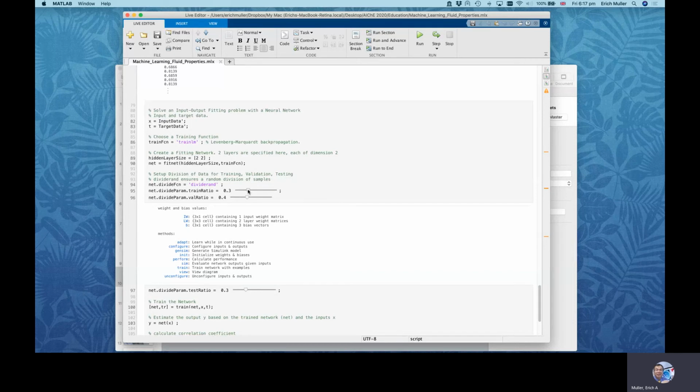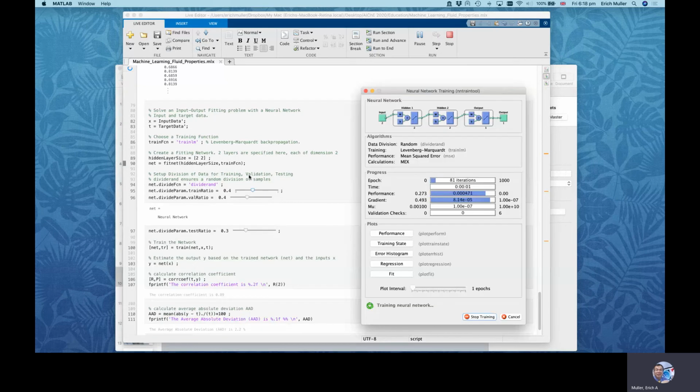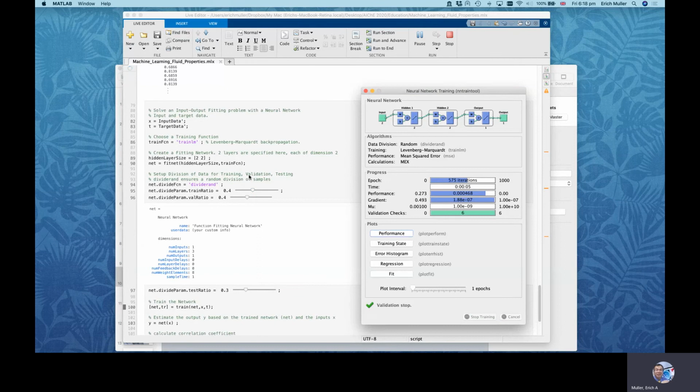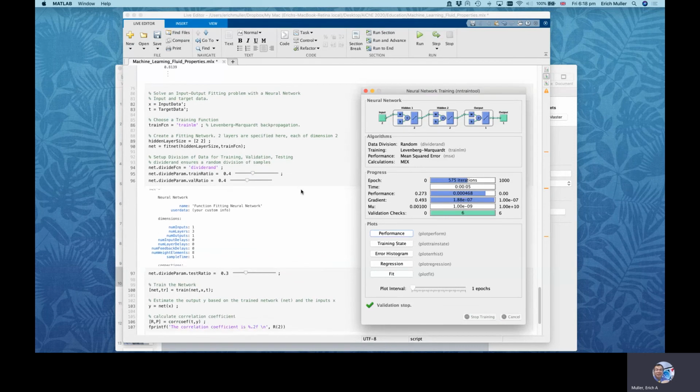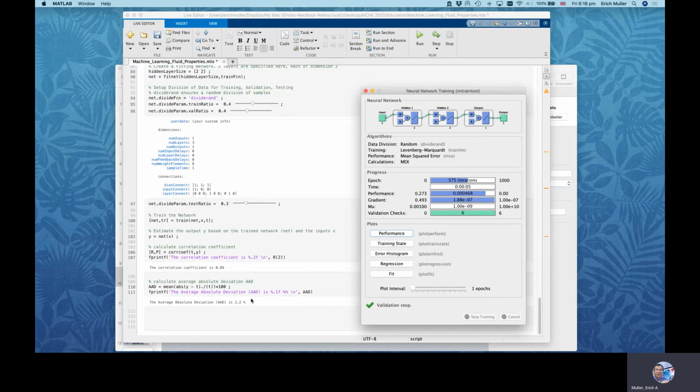I'm just going to perturb this for a second, so you can see in real time what it takes to solve the neural network. It's already been worked out and solved, and we can see that the correlation coefficient is in the order of 0.89 and an absolute deviation of 2.2, which is extremely good.